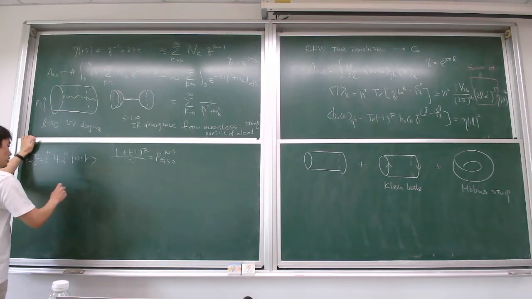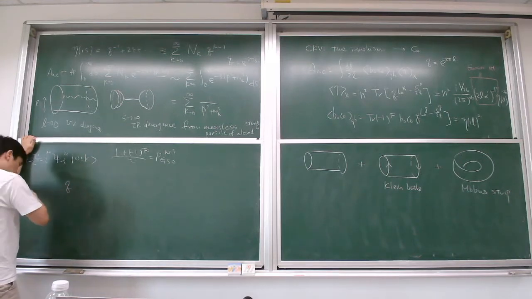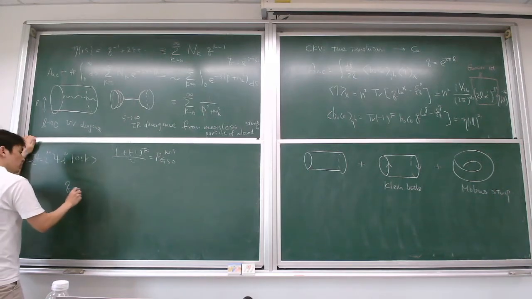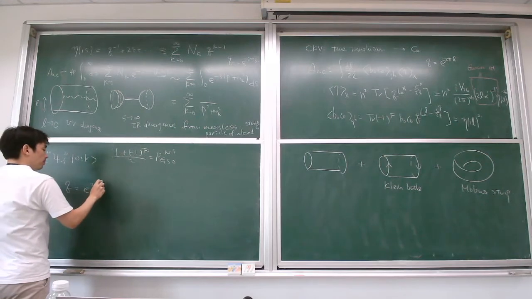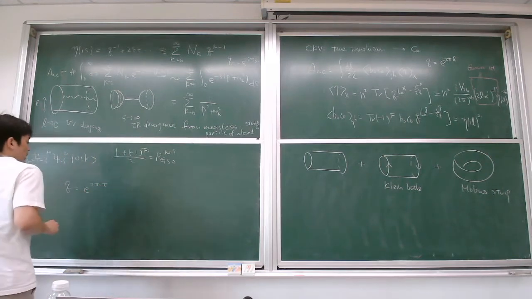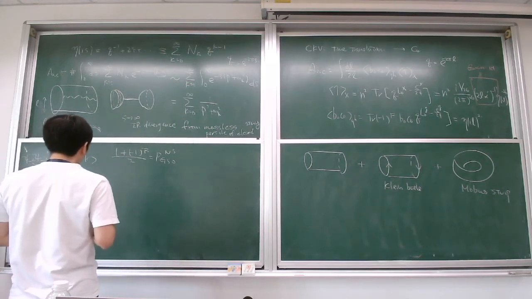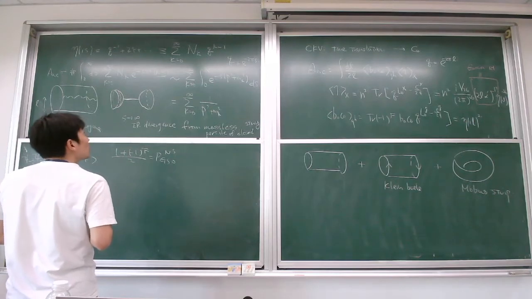So it used to be q, q equals e to the 2 pi i tau, and then e to the 2 pi i tau.